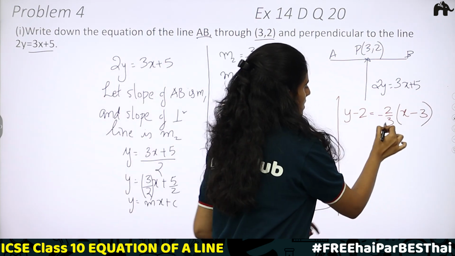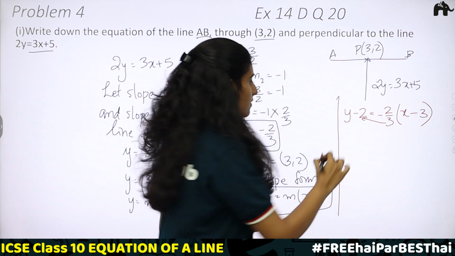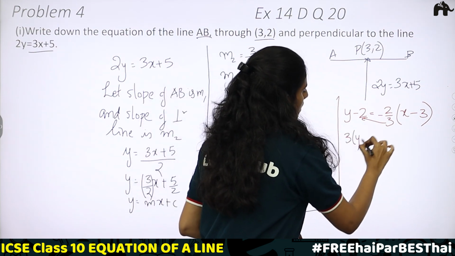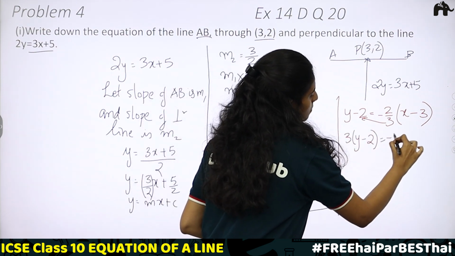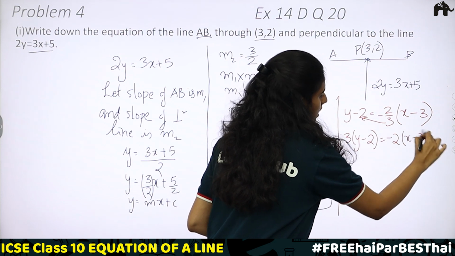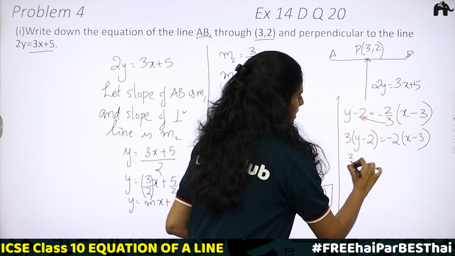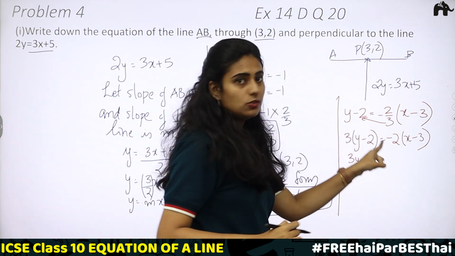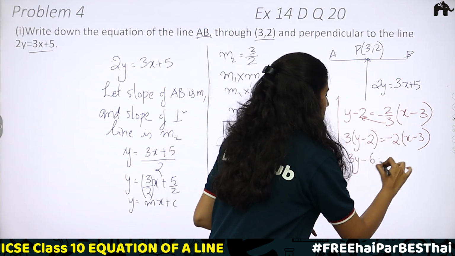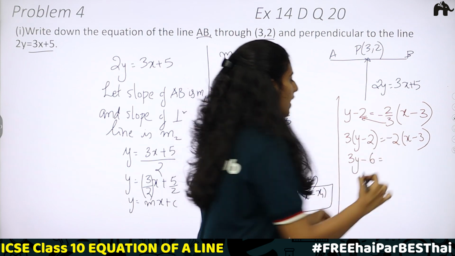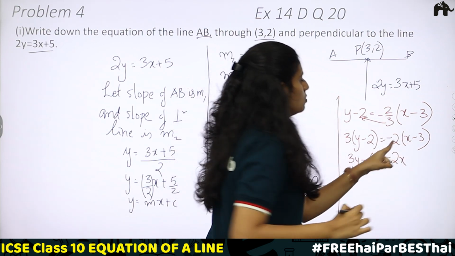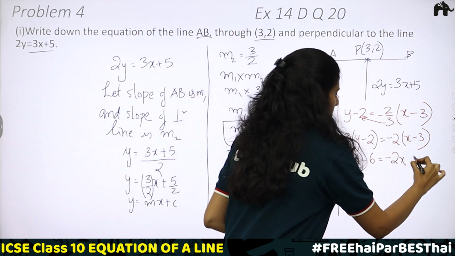Now taking this 3 to the opposite side, we get 3 into (y minus 2) is equal to minus 2 into (x minus 3). Removing the brackets and multiplying, we get 3y minus 6 is equal to minus 2x plus 6.